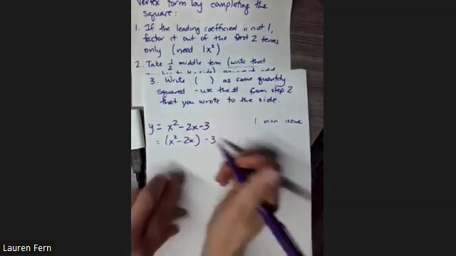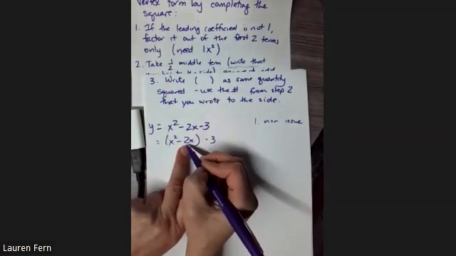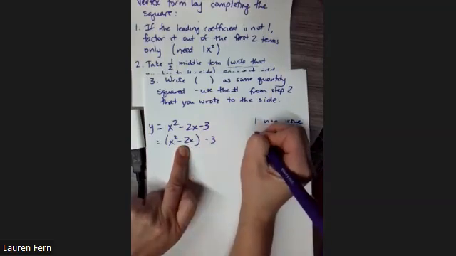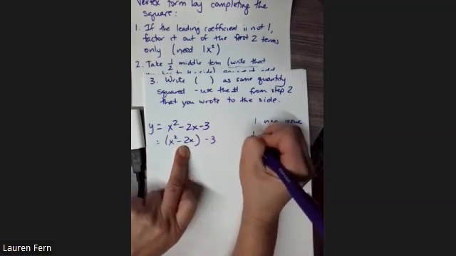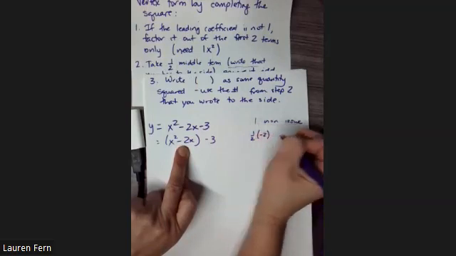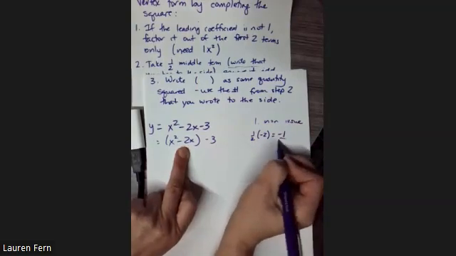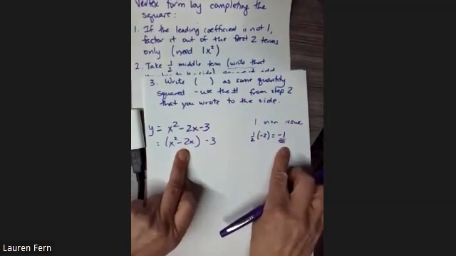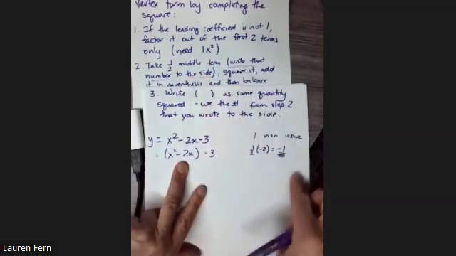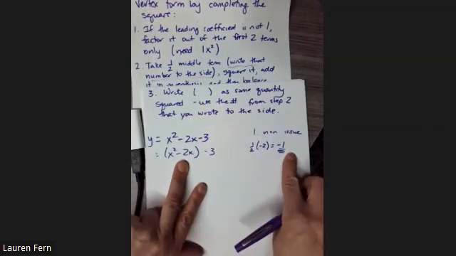Now what we do is we go to the middle term and we take half of the middle term. Well, 1/2 of -2, remember of in math is times, is -1. This is the number that we write to the side. Take half the middle term, write that number to the side.